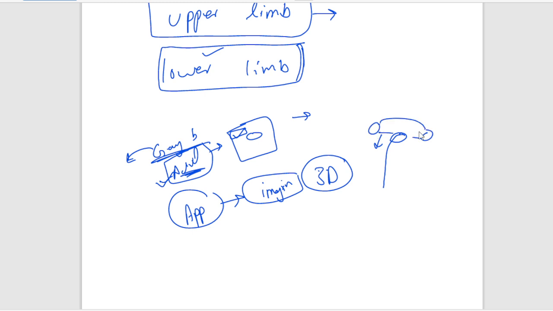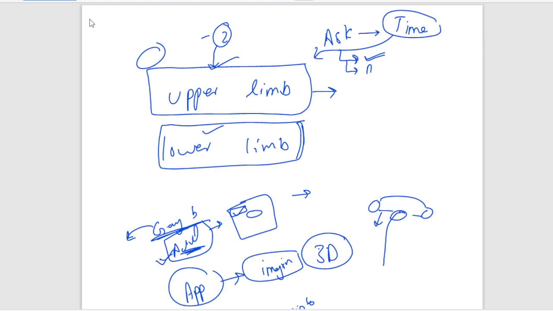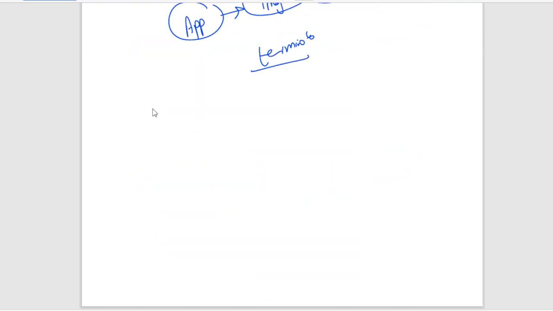If you don't know about lateral side, medial side, proximal side, head, these are medical terminology, and this terminology is important for you to understand. I will explain many of them during the lecture. So in the upper limb, you have to understand, for example, osteology.